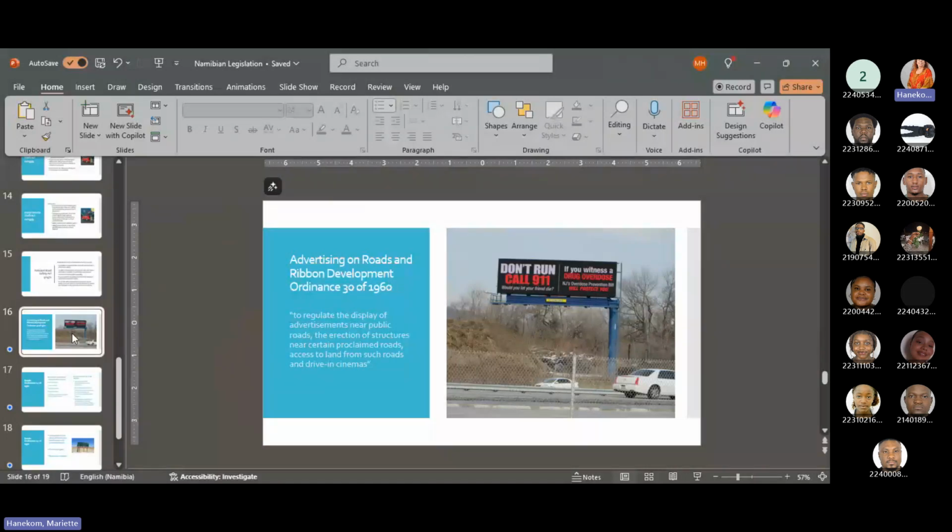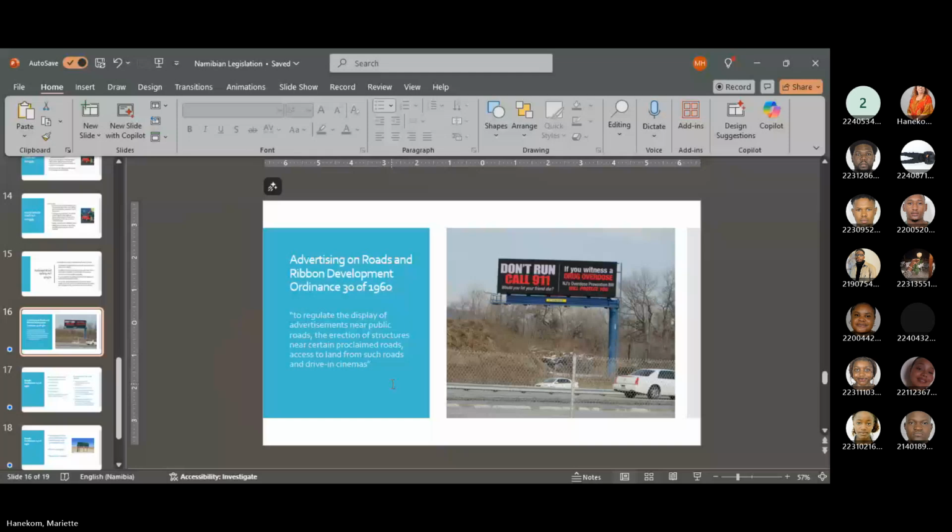This particular act is more relevant actually to registration of property, land registration, but there is a section of the act which regulates the placement of advertisements near public roads, or the erection of structures near to proclaimed roads and access to and from these roads. And also it regulates drive-in cinemas, but we don't have drive-in cinemas.